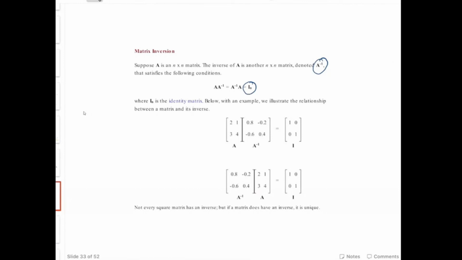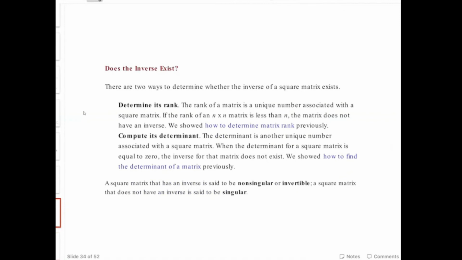In this example the inverse is given, and then if you multiply by A, what you get is an identity matrix with 1 as the leading element in each row. So there are two ways to determine if the inverse of a matrix does exist. You can determine the rank of the matrix.